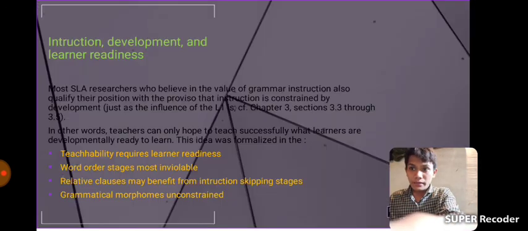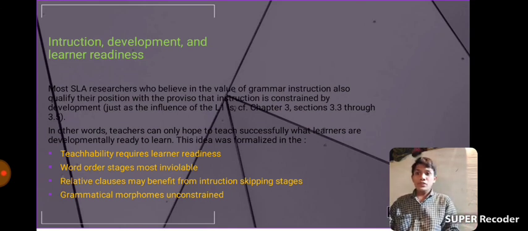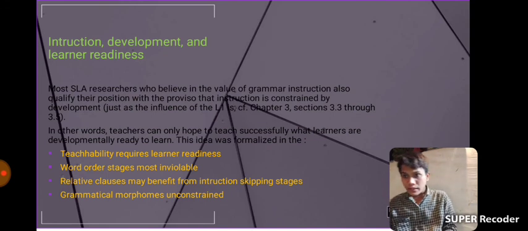Okay, next. Instruction, development, and learner readiness. Most SLA researchers who believe in the value of grammar instruction also qualify their position with the proviso that instruction is constrained by development, just as the influence of the L1 is, chapter 3 section 3.3.3.